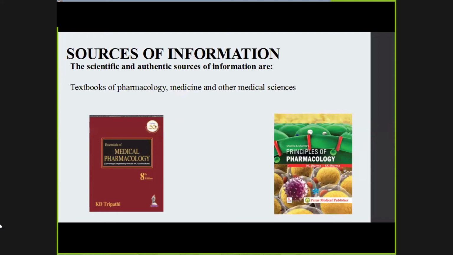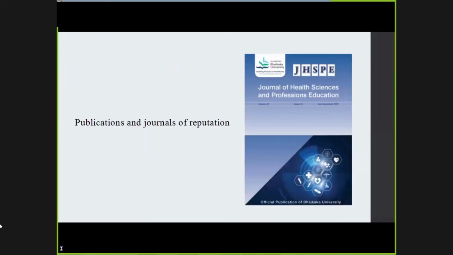For drug related information, you can obtain scientific and authentic information from sources like textbooks of pharmacology, medicine, and other medical sciences. There are some journals you can refer to for recent information.